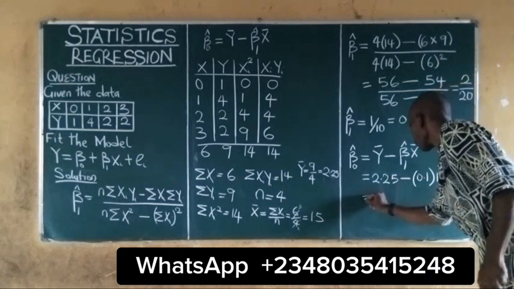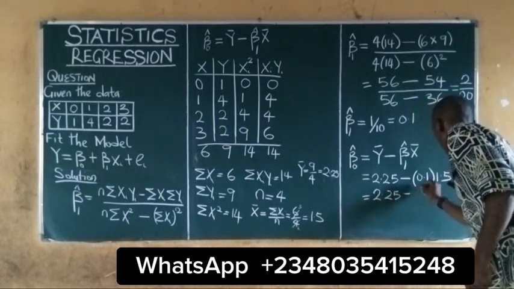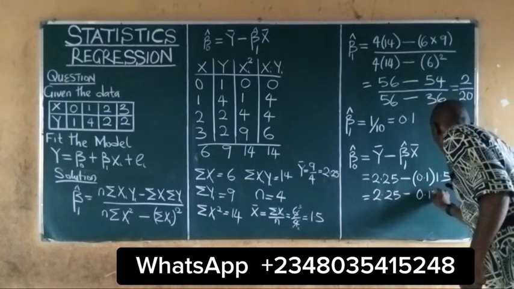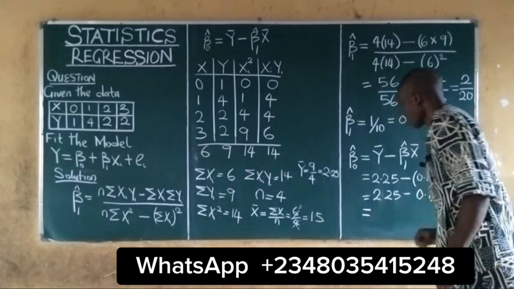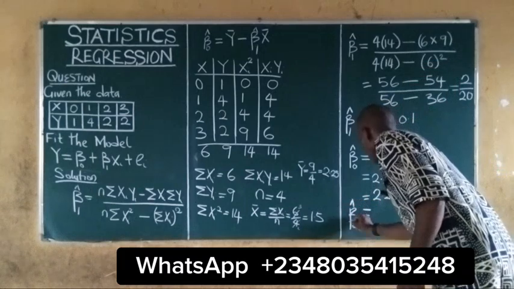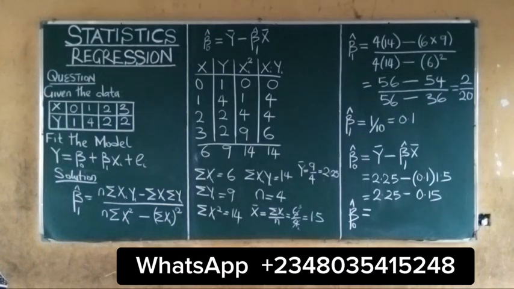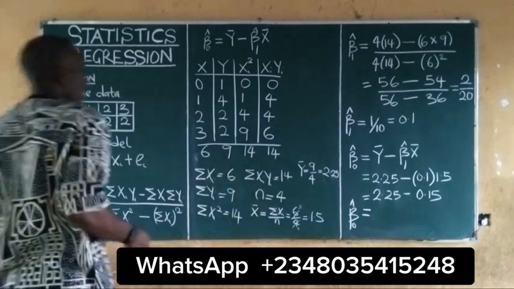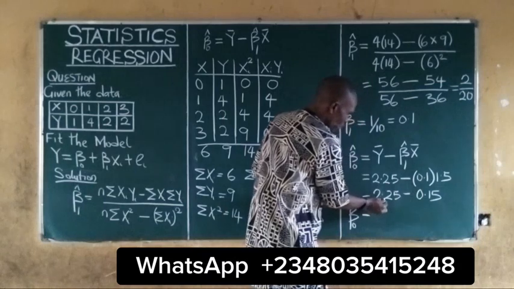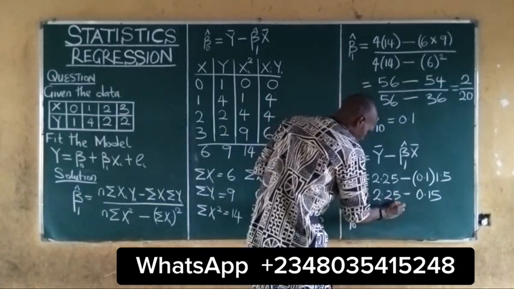So if we work this out, we have 0.1 multiplied by 1.5, which is 0.15. So finally, our B naught estimate is what we are looking for. If we subtract 0.15 from 2.25, we get 2.1.